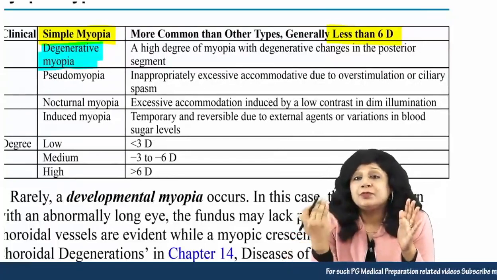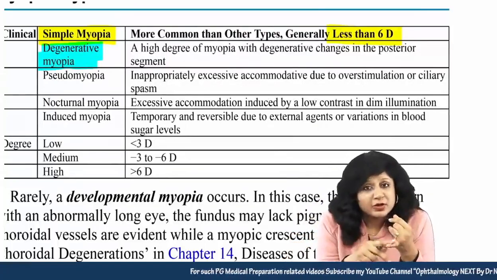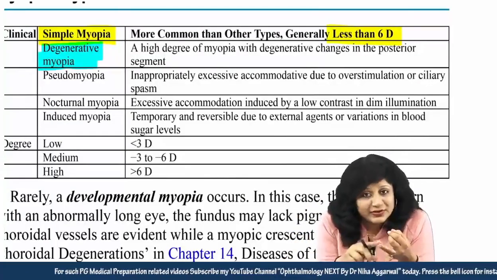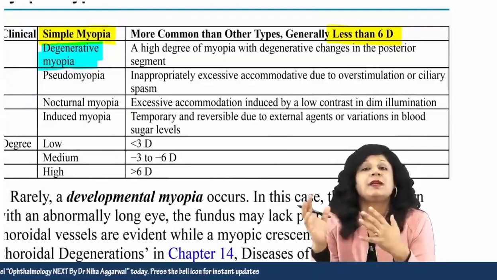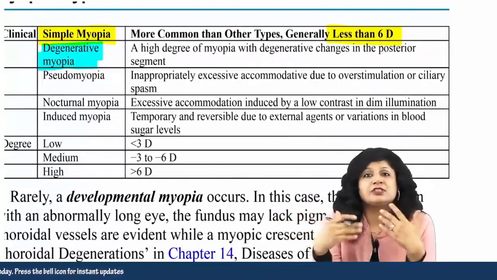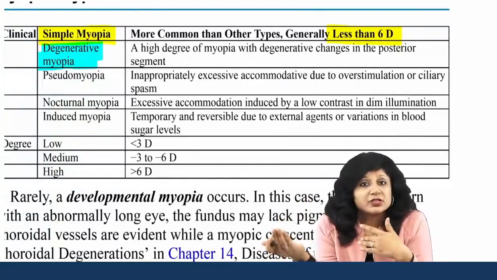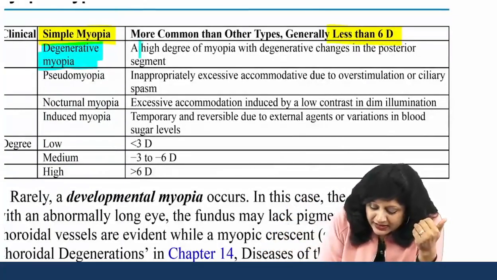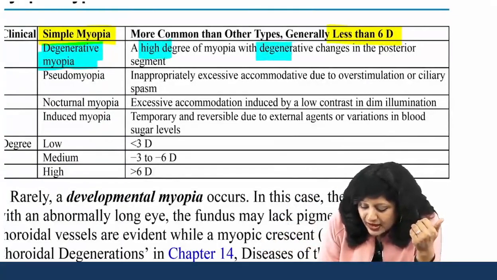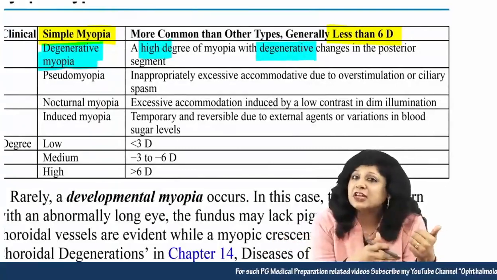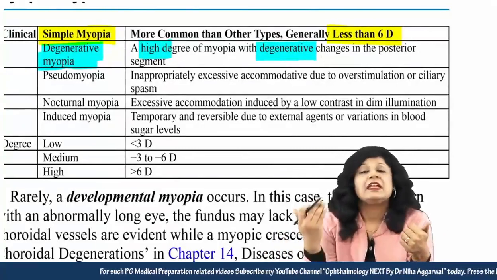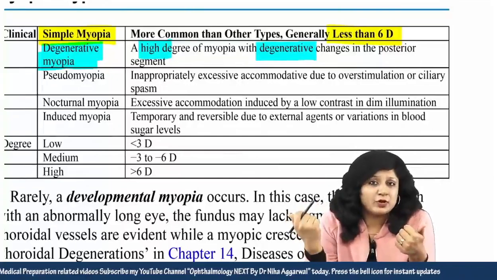It is not due to biological variation, it will be progressing, it will have degenerative changes, and it will not become stationary after a certain time, because it keeps on growing, as it is pathological. Here you have a high degree of myopia and also degenerative changes. I think this is very easy to remember: degenerative myopia with degenerative changes. It represents pathological myopia.